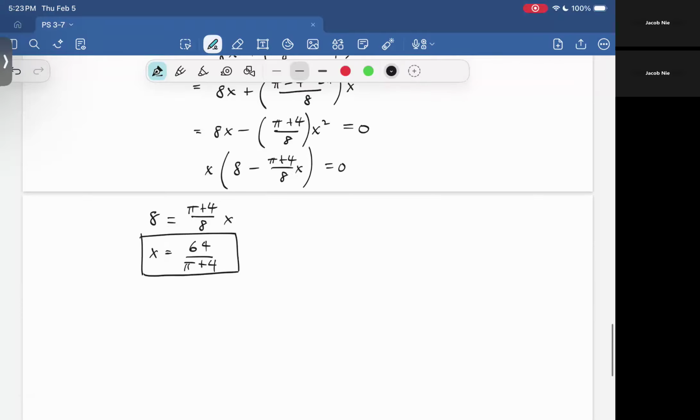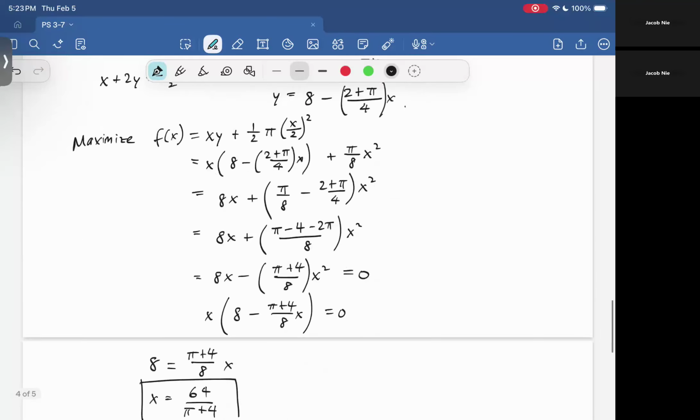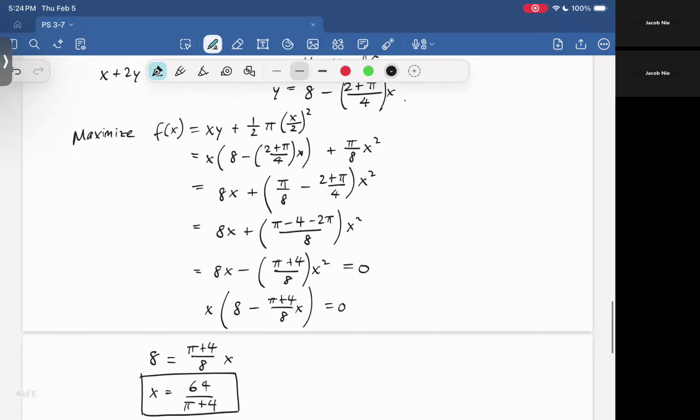We also want to check that, okay, let's first solve for y. So y is going to equal 8 minus 2 plus pi over 4 times x.